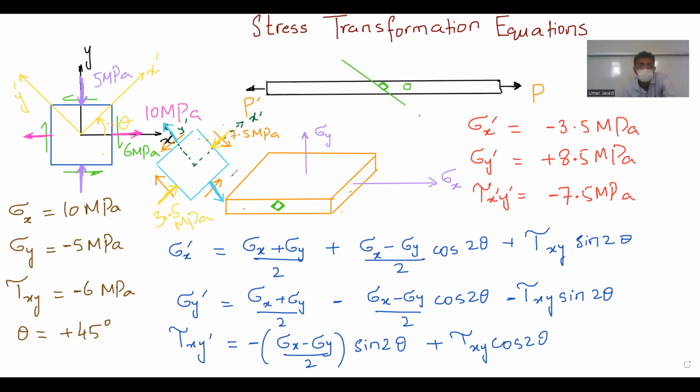Okay. Is it clear or not? The only confusing part is tau x prime y prime. Tau x prime y prime was negative. So confusing. When you are about to put the arrows, how would you know whether to put them like this or this in that tilted square?